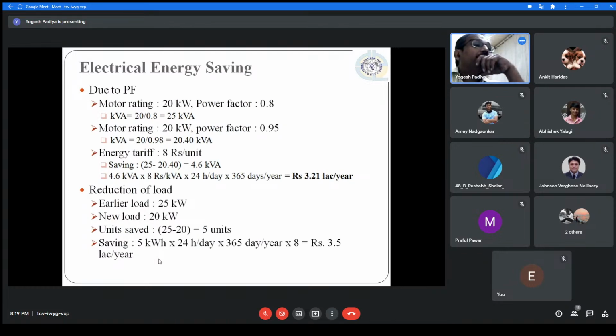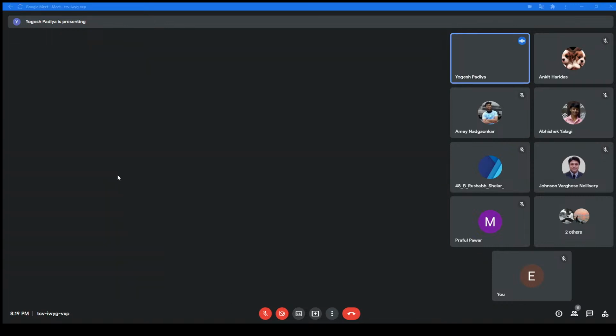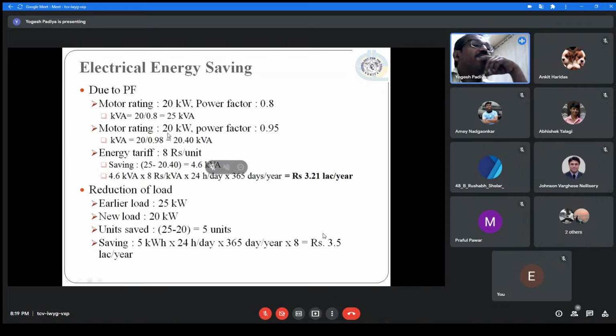Now, let us assume a motor having a load of 20 kilowatt, and earlier its power factor was 0.8. So kVA will be how much? 25. Now that motor's power factor has been improved from 0.8 to 0.95, so the kVA rating of the motor has reduced from 25 to 20.